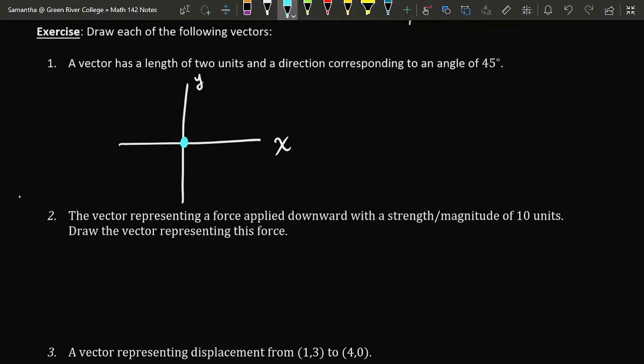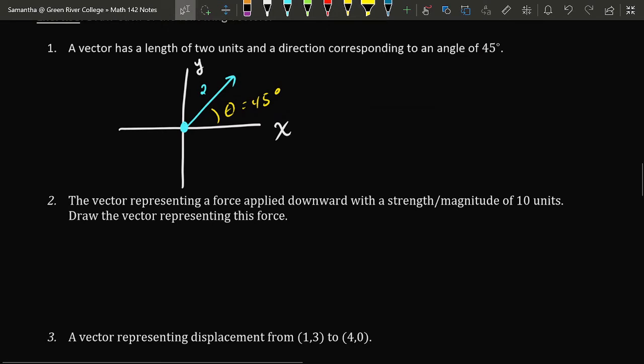And I'm going to draw the vector so that its length is equal to 2 units, and so that the angle that it forms with the positive x-axis is equal to 45 degrees. So the vector in this problem would be the one in blue, 2 units long, pointing from the origin into a direction corresponding to 45 degrees.